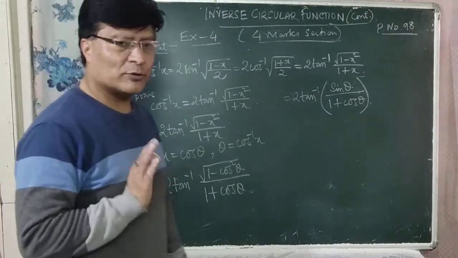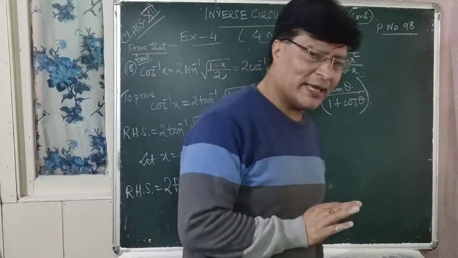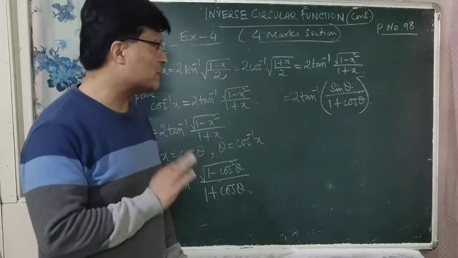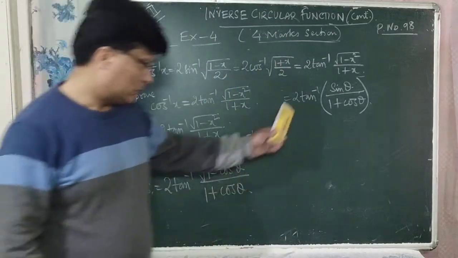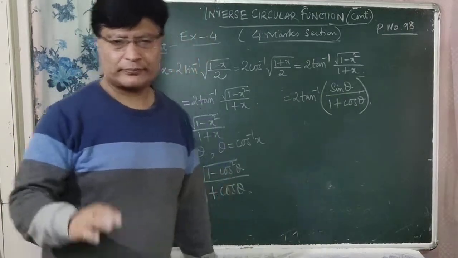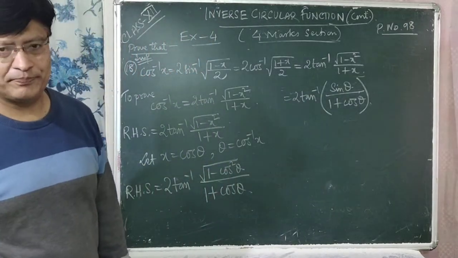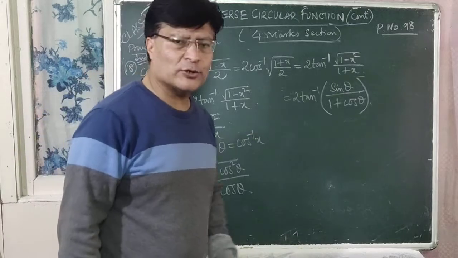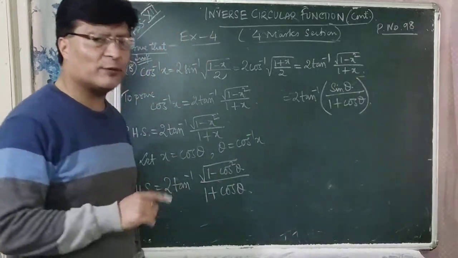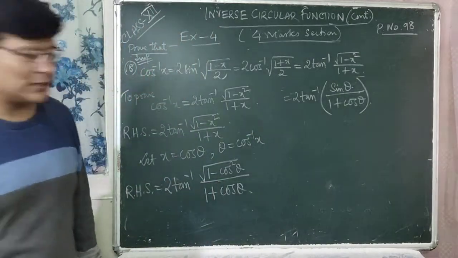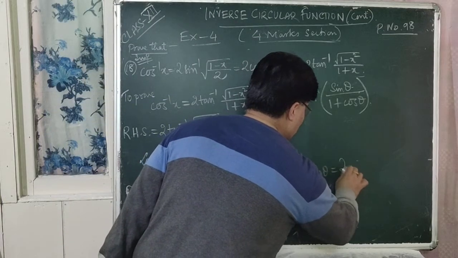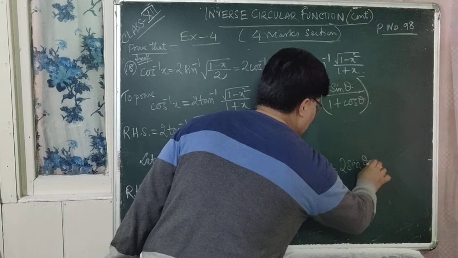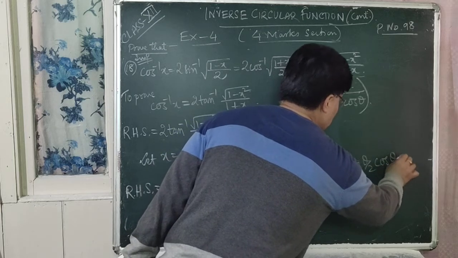So now you have to simplify, or you may use the formula of sin theta and 1 plus cos theta in such a way that you should get a tan inverse tan form. Now in this case also you can use the formula from submultiple angle of trigonometry, right? So sin theta is equal to, what is the formula? 2 sin theta by 2 cos theta by 2.